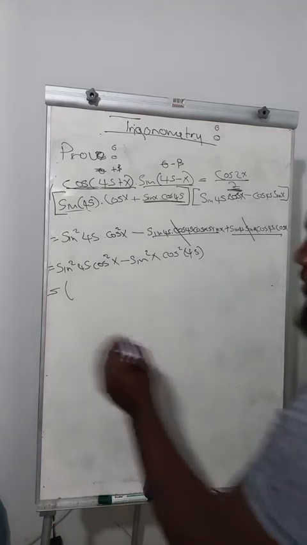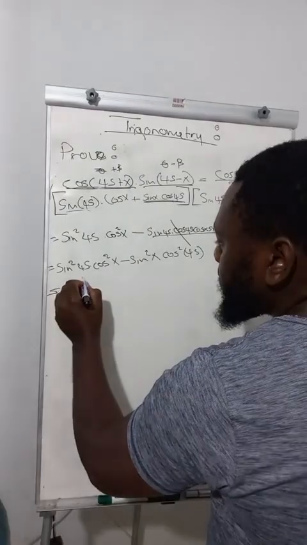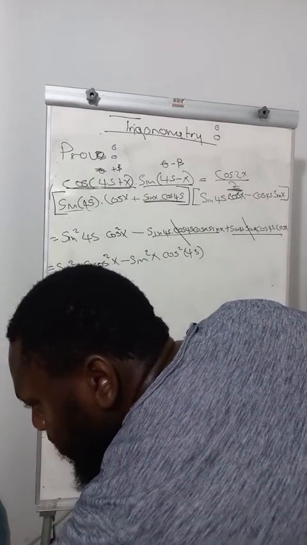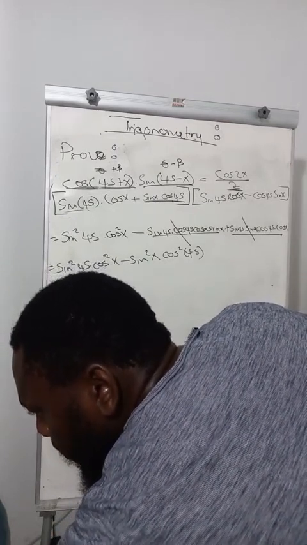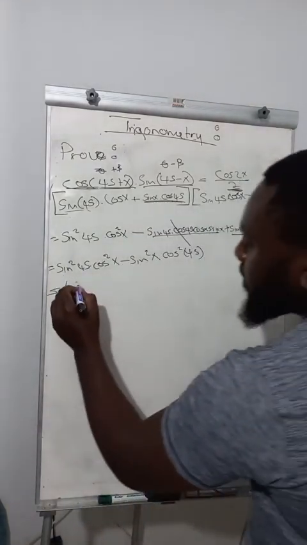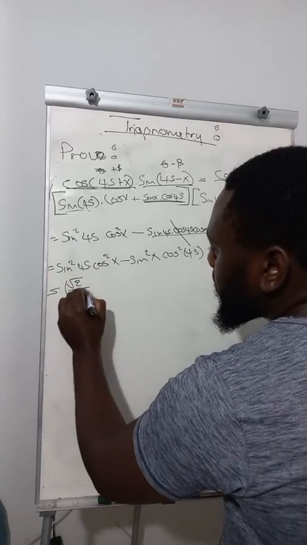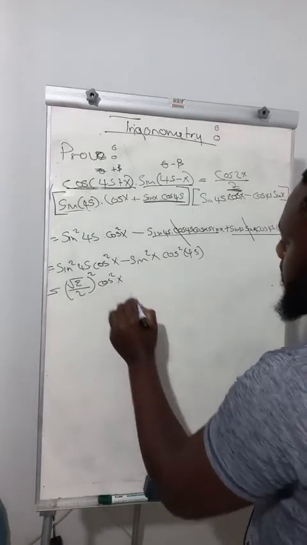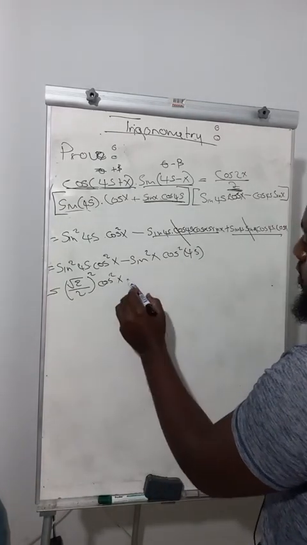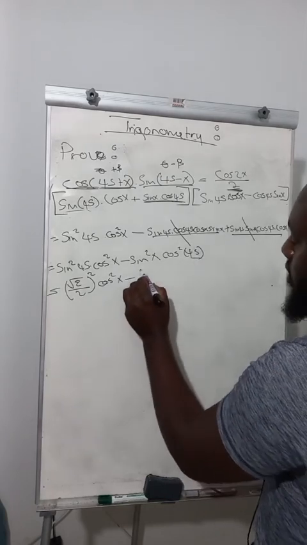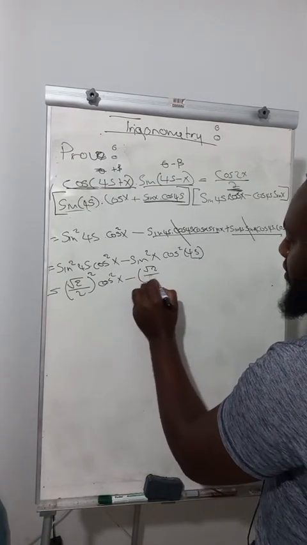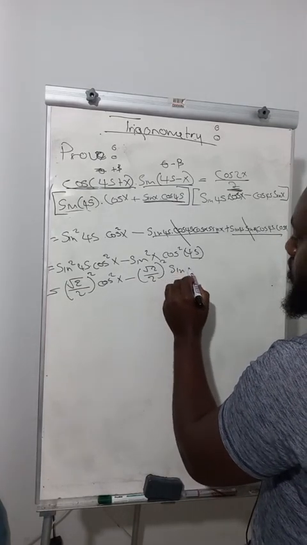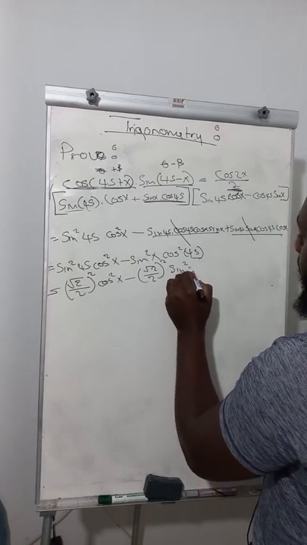Special angles. Sine 45 is just the same as square root of 2 divided by 2, then squared, and then this will just be cos squared x, and then minus cos 45 is the same as the square root of 2 divided by 2 squared, and then sine squared x.